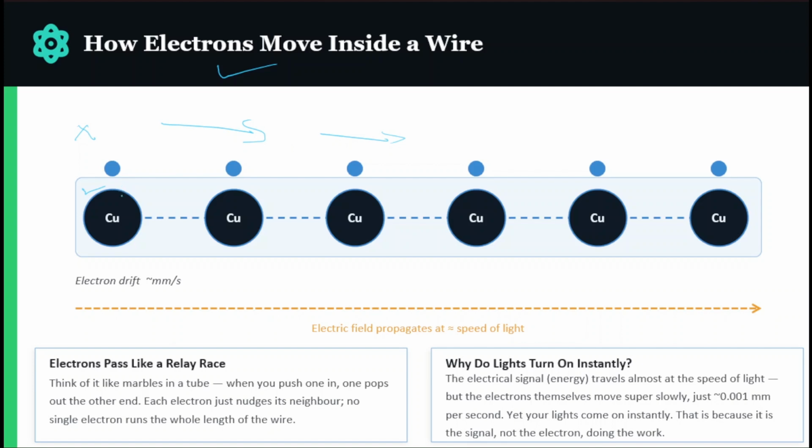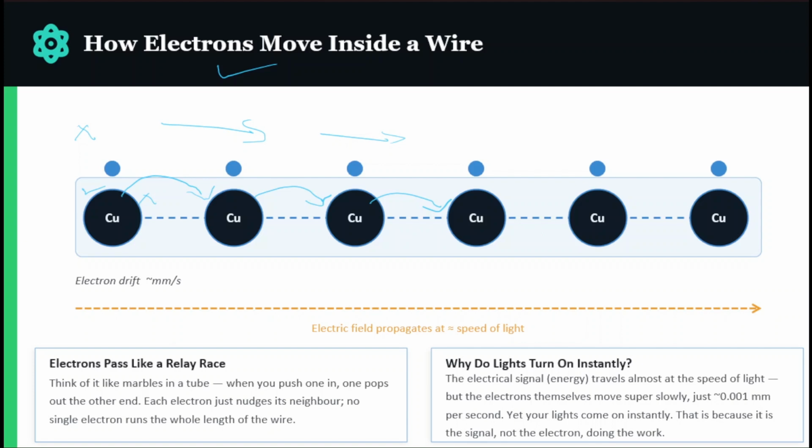How will this electron move? It will hop from one atom to another atom like this. Is it required that the first electron should reach the last one? It can reach, but it is not mandatory that it jumps from here to the last one. It will be jumping from one atom to another, like this.